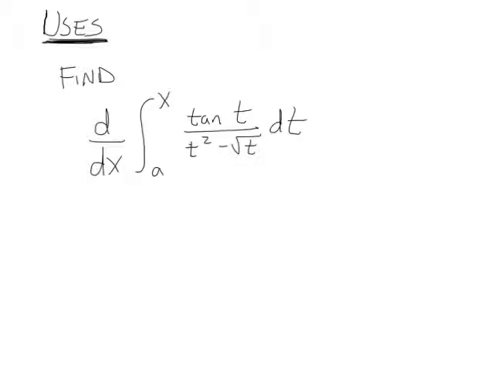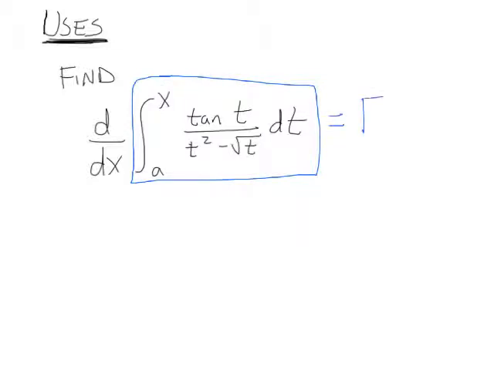Say we are given this function and we are asked to find the derivative of this function. What we notice is that we basically have the right half of the Fundamental Theorem of Calculus. If I set this equal to big F of x, and take the derivative of it, we're asking what is big F prime, and the Fundamental Theorem of Calculus allows us to just write f of t.